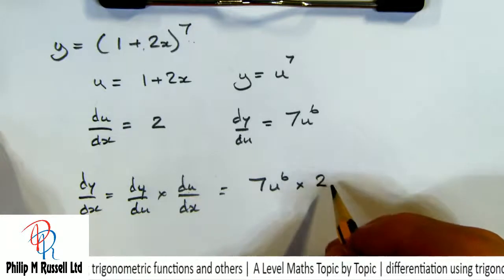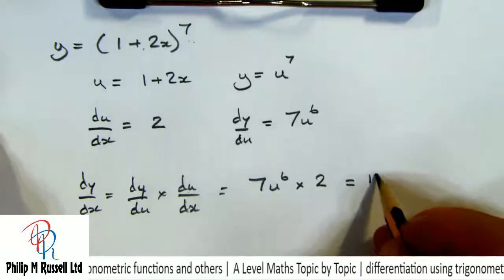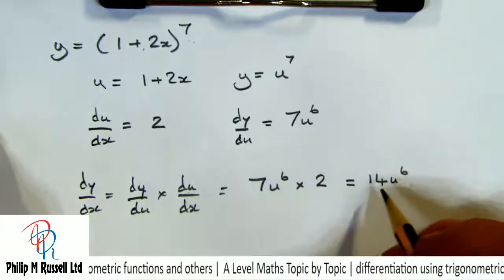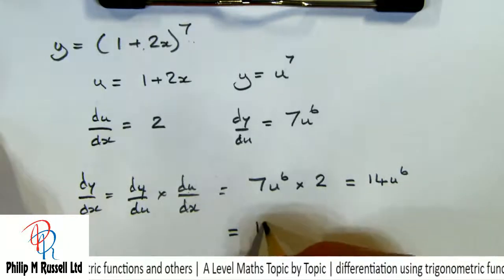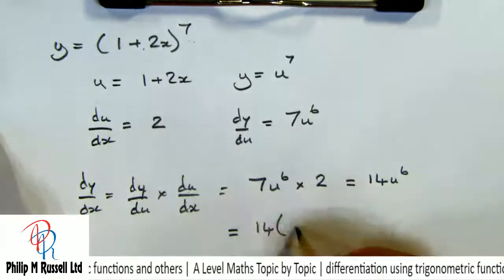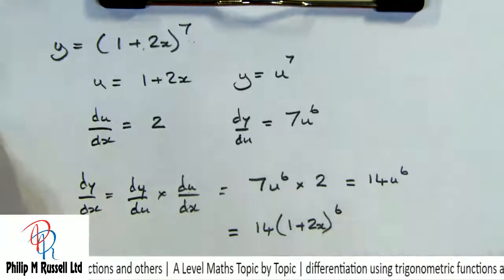So I can resolve that easily enough as 14u to the 6, which gives me 14 times (1 plus 2x) to the 6.